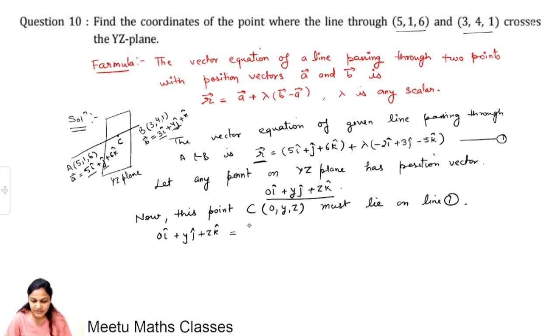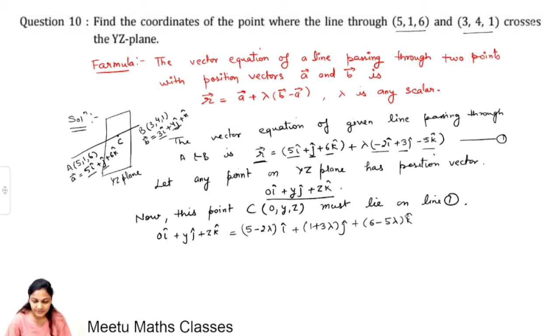is equal to 5i minus 2 lambda i, 1 plus 3 lambda j, and 6 minus 5 lambda k.